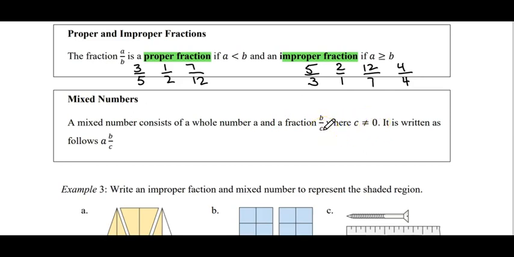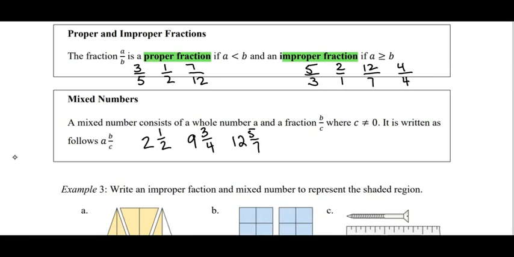Every time we do a fraction, we always have to specify that the denominator is not equal to 0. It is written as a for the whole part, b over c. Some examples of mixed numbers would be 2 and 1/2, 9 and 3/4, 12 and 5 over 7. All of these are mixed numbers, and I'm sure you can come up with a couple of examples on your own.